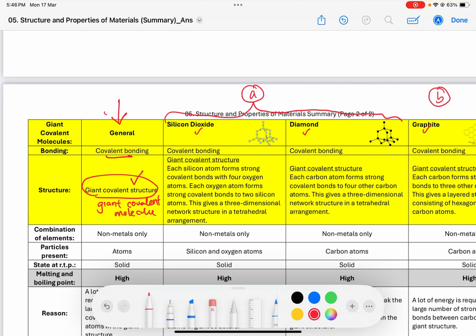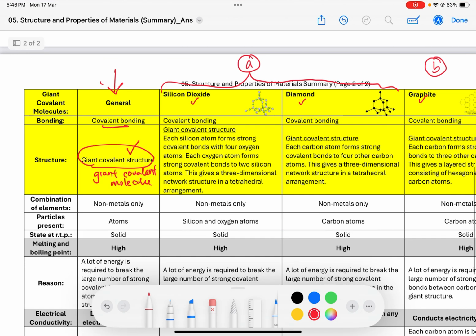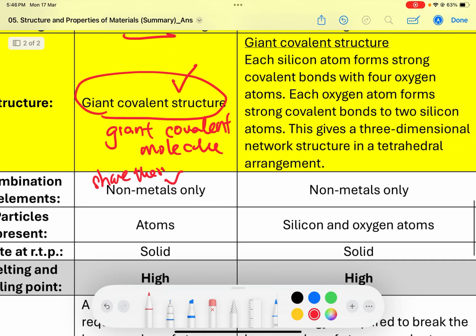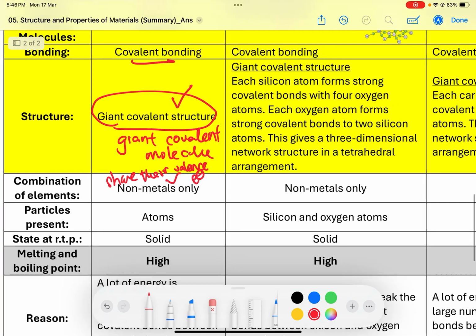Because it's covalent bonding, they consist of non-metals only, which share their valence electrons. The particles present in covalent substances are atoms. At room temperature and pressure they generally exist as solids, which is quite different from simple covalent substances.